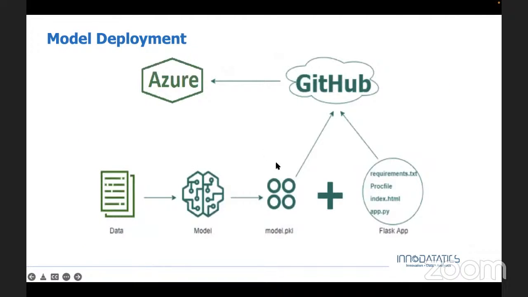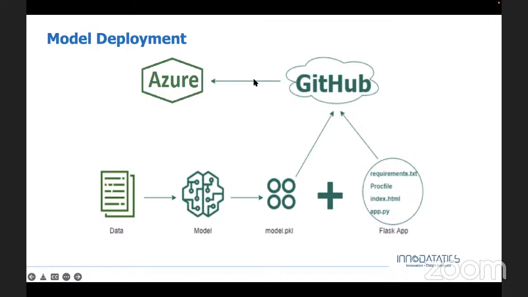And this is how the model deployment happened. You have the data, you build the model. From that, you get the pickle file of the model and put it in GitHub. All the various things, such as what libraries were used, along with the other details needed for your Flask application, I put into GitHub.